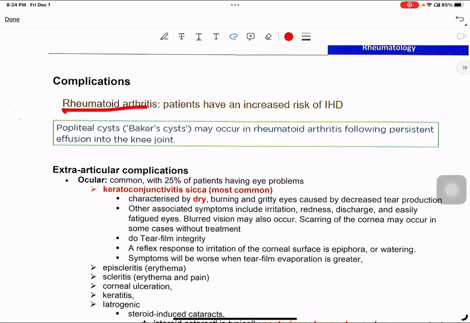Rheumatoid arthritis patients have increased risk of development of ischemic heart disease. A patient of rheumatoid arthritis may develop Baker cyst due to persistent effusion in the knee joint.